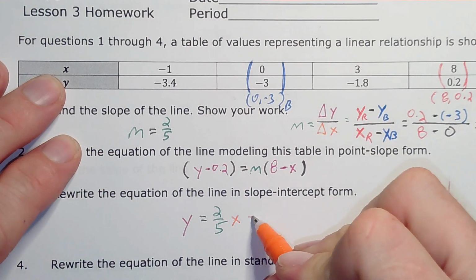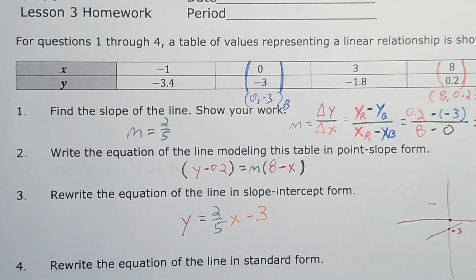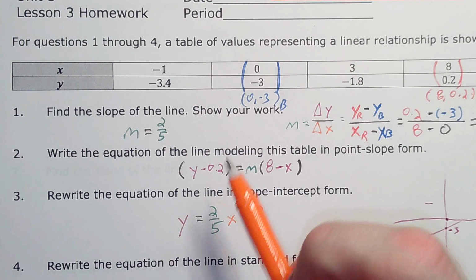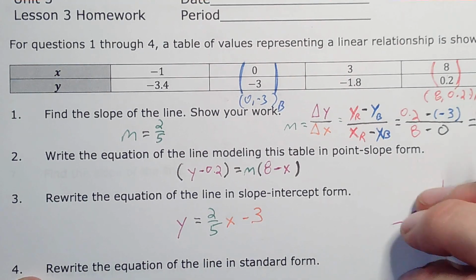So it's going to be -3. Well, but how do I know that? How do I figure that out? If I didn't have this point right here, I think that's covered maybe in a different one.